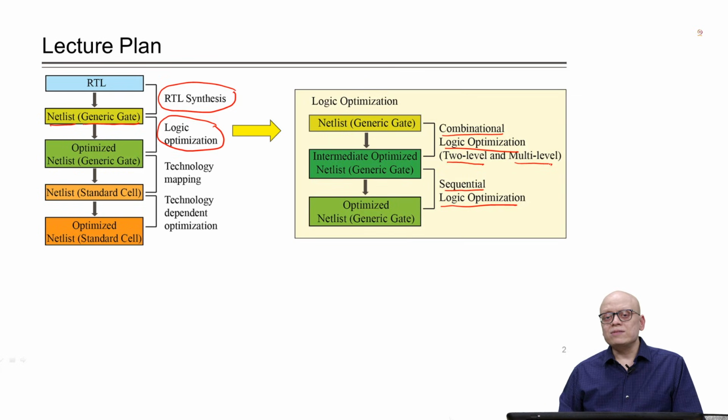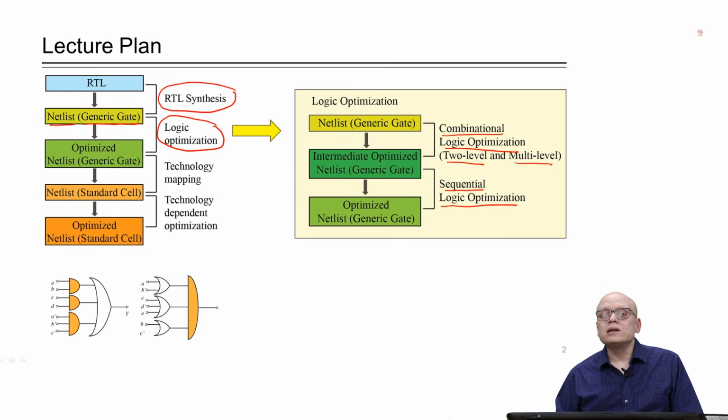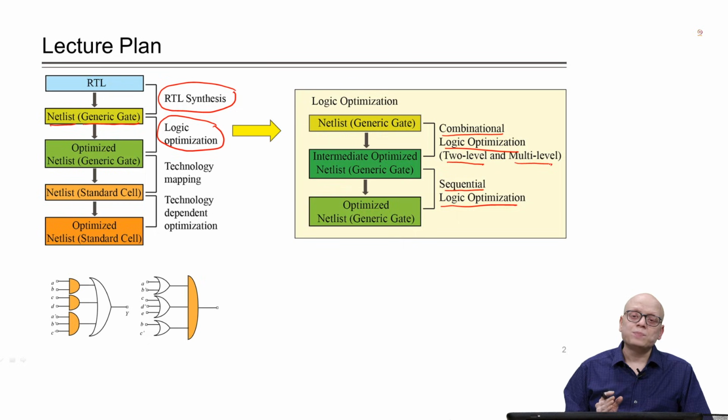Now, the combinational logic optimization is of two types: two-level logic optimization and multi-level logic optimization. These two types differ in the representation of a Boolean function. Two-level logic optimization works on the representation in which the Boolean function is represented in two levels of logic, as shown in this figure.